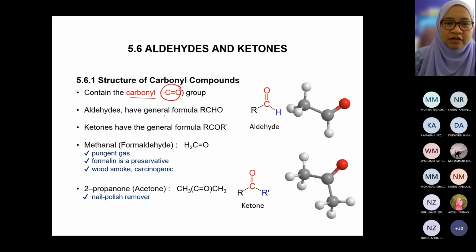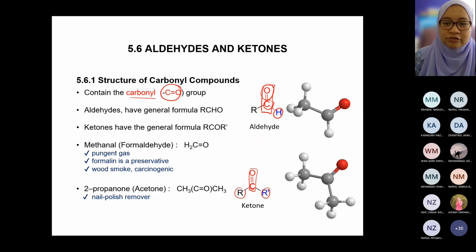So the general formula for aldehyde will be RCHO like this. It has this carbonyl group. Whereas ketone has the general formula of this: C double bond O and R, R. R represents a carbon group, an alkyl group.